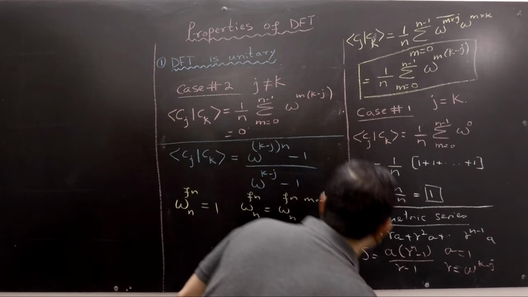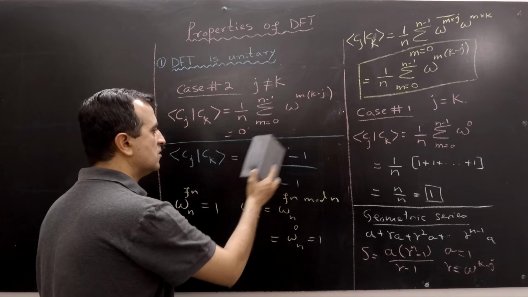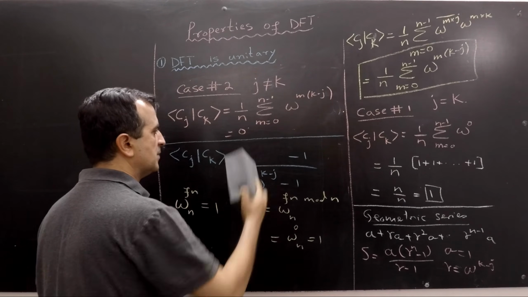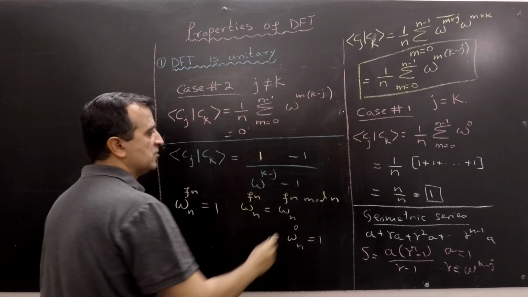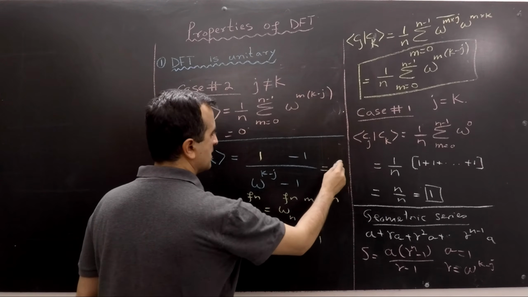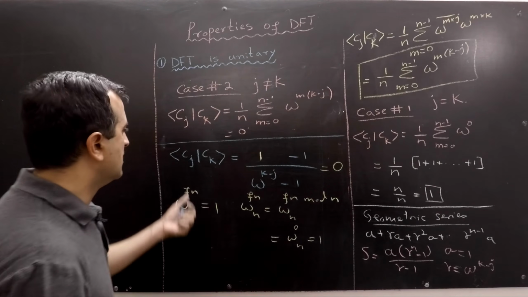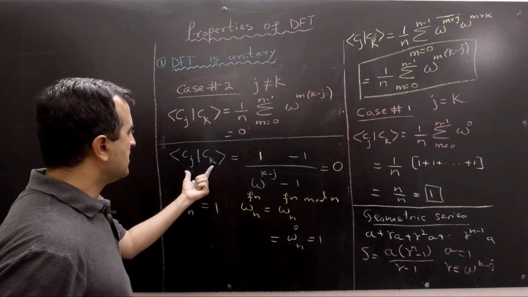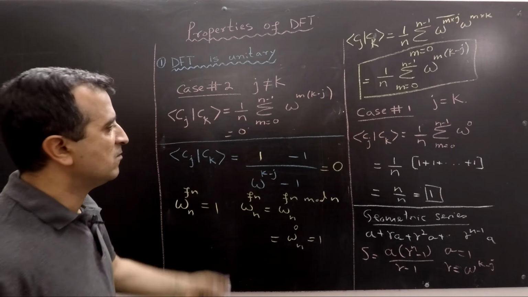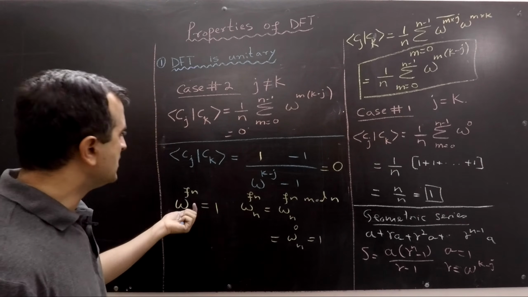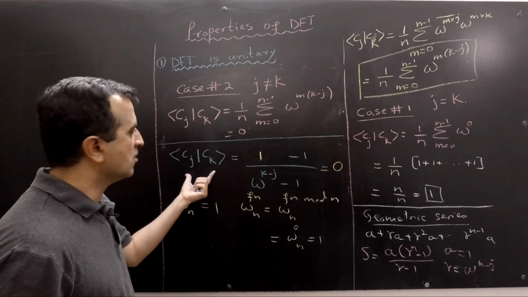Therefore, this term will be equal to 1 because it has a power which is a multiple of n. So we have 1 minus 1 which will be equal to 0. Hence showing that when column j and column k are not the same column, their dot product will be equal to 0, proving that they are orthogonal to each other.